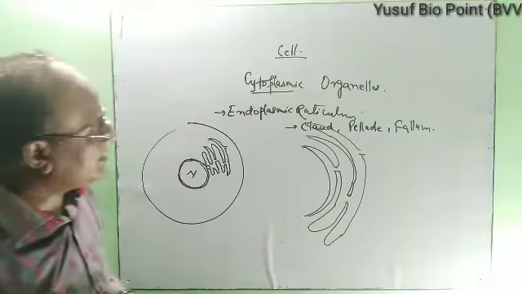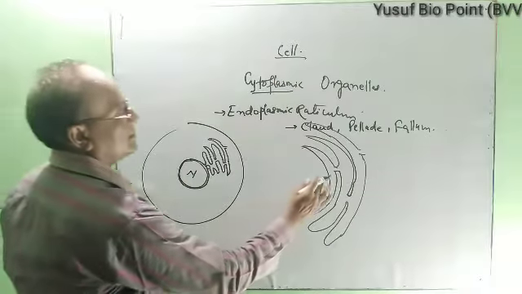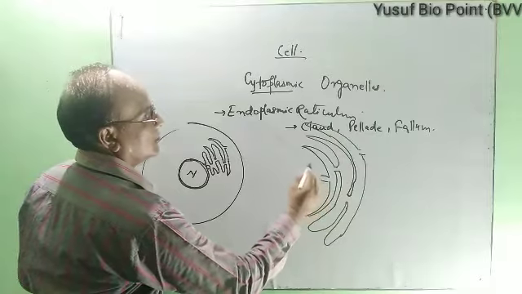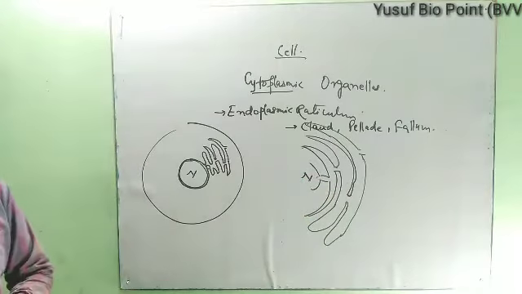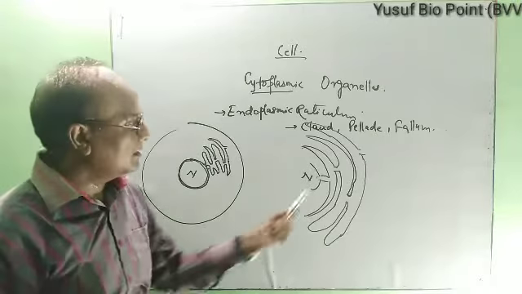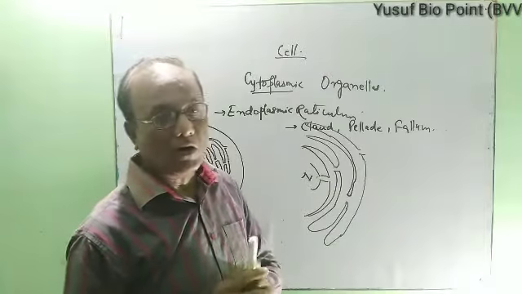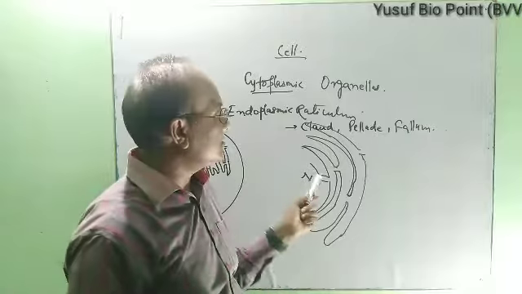In this way it is found, and this is the nucleus. So in such a type, the net-like structure is found all over the cytoplasm.